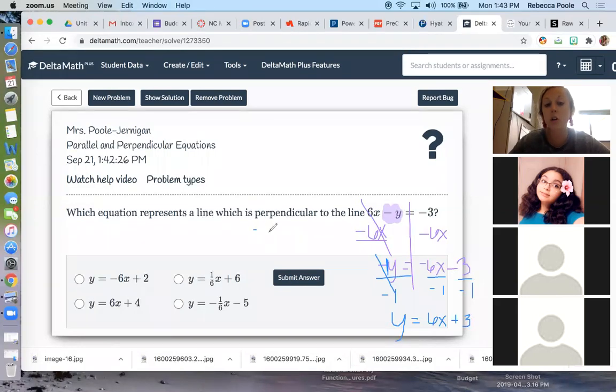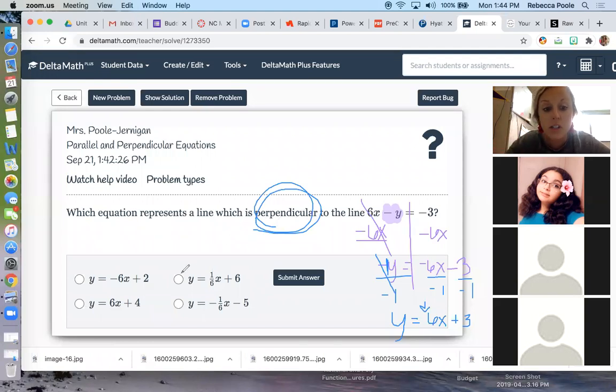Okay, so remember what you're looking for. We're looking for a line that is perpendicular. What do we know about perpendicular lines? You change the sign and the reciprocal. Okay, so the first thing she said, I like that, was change the sign. If this one's positive, that means my perpendicular one has to be negative.